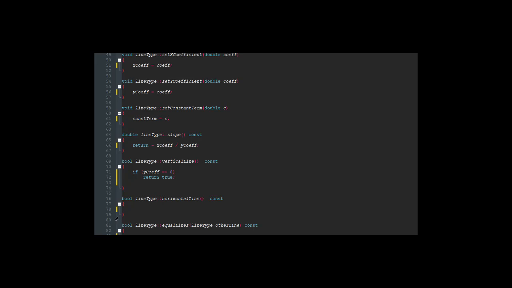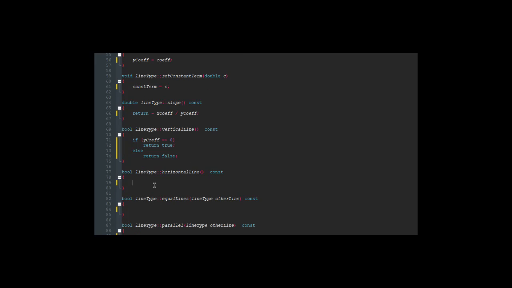However, if it is not equal to 0, then we return false, because it's not a vertical line. For horizontal line, it's pretty much the exact same thing, except x coefficient is switched out for y coefficient. Okay? Okay, so there we go. Now, if you don't understand, this is just the formula for slope, okay?